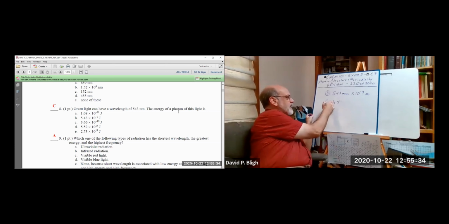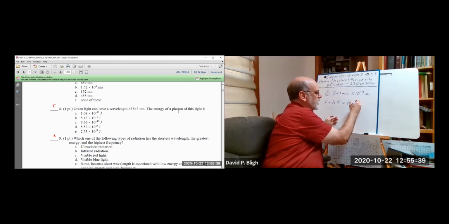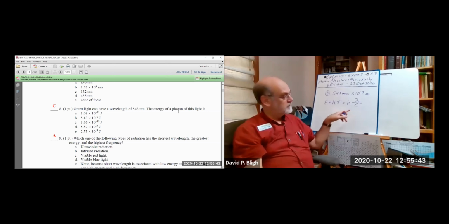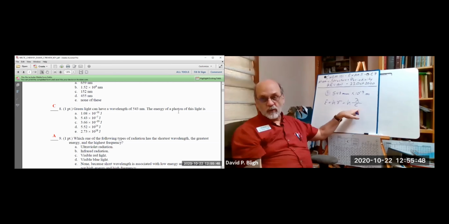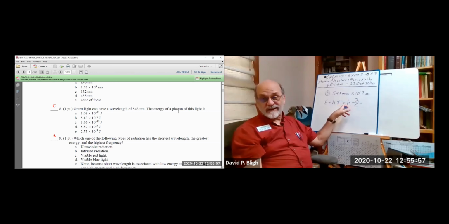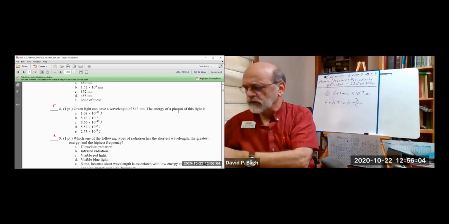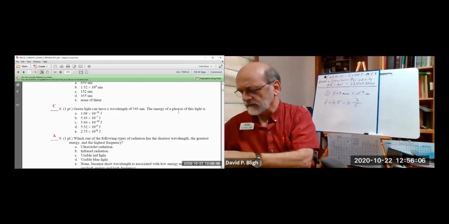Energy equals Planck's constant times frequency, or Planck's constant times wavelength divided by the speed of light. So then all you would have to do is plug in your 2.9979 times 10 to the 8th meters per second here, plug in your wavelength here, look up your Planck's constant, which will be in useful information. I know it's there. Useful information has Planck's constant.